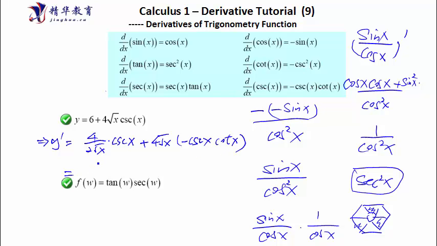So that equals 2 over square root of x times cosecant x, minus 4 square root of x cosecant x cotangent x. Finished. Make sense?